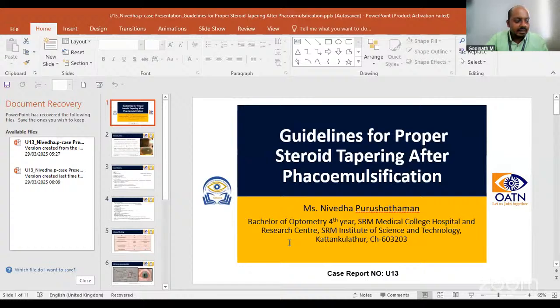Good presentation, Niveda. I just have a couple of questions. What other complications do you think of post-operatively if they do not follow the drug regimen as prescribed? Sir, other complications may include endophthalmitis or iridocyclitis, and later glaucoma or cataract. Okay, you are telling all the common types. And one more thing: who do you think is responsible for this, especially when the patient is not compliant with drug usage?